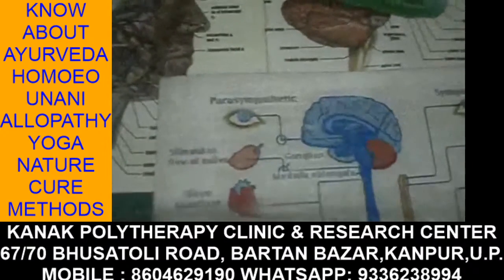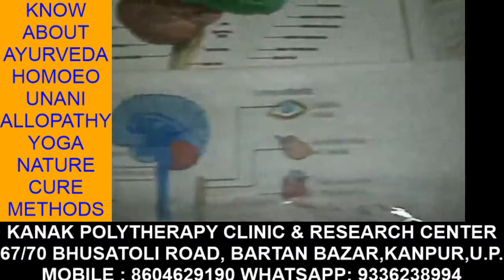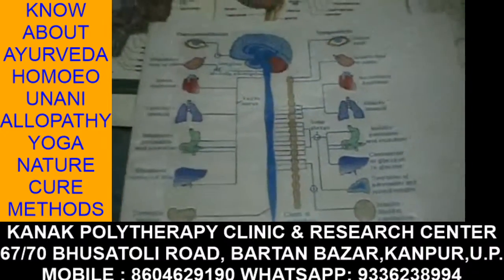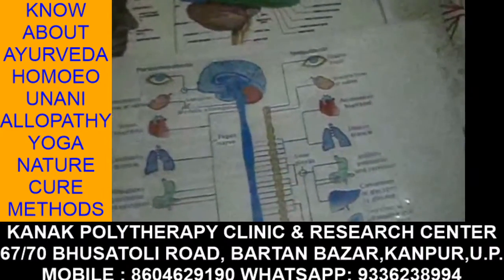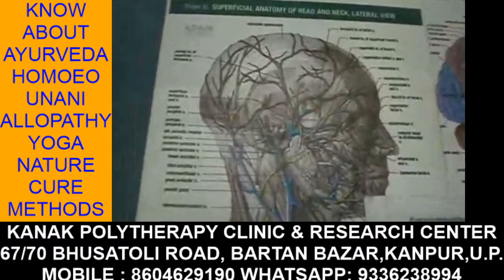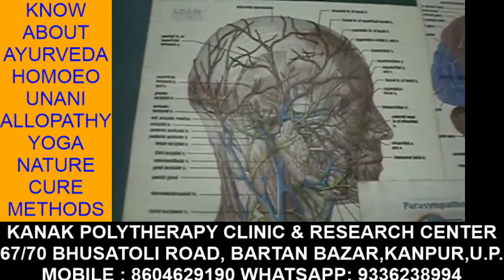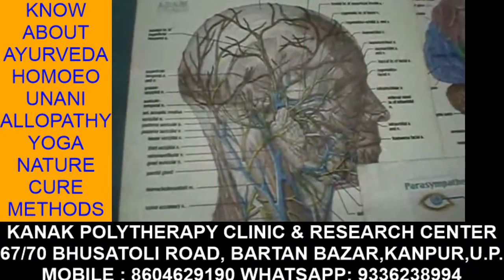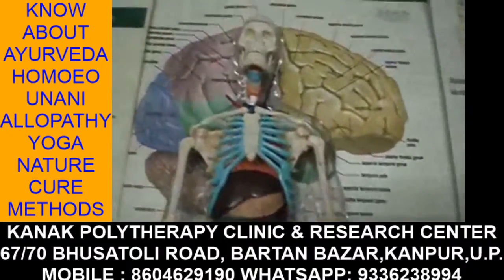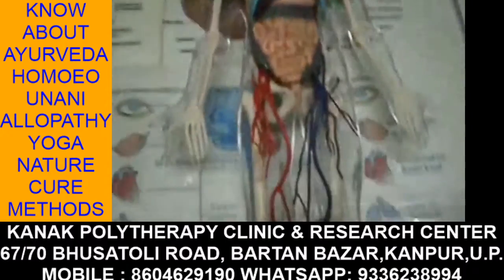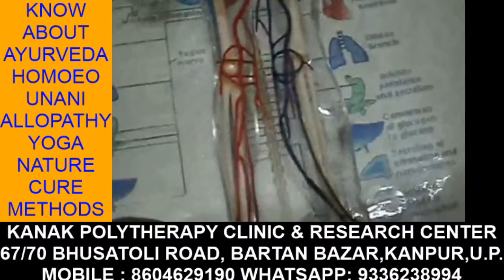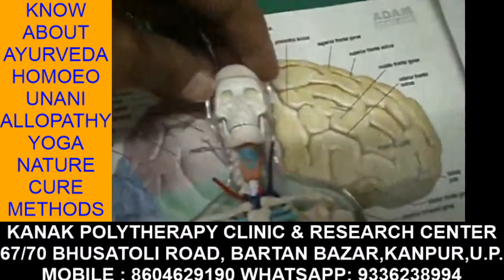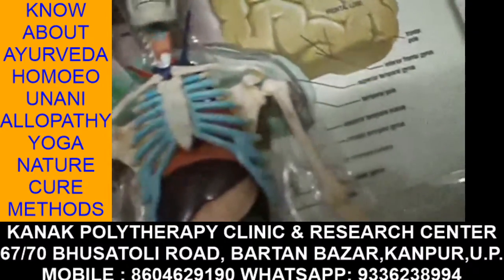So these are the parasympathetic nerves and this is the sympathetic nerves. Most of the nerves pass through the head side. In this model you can see better that this is a problem of the whole body and particularly related with the brain.